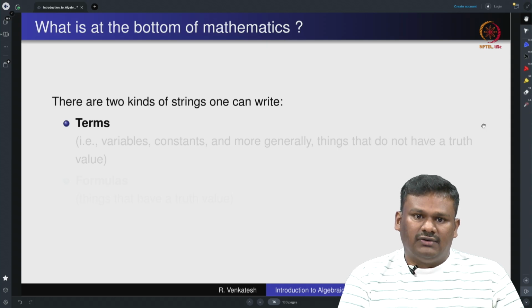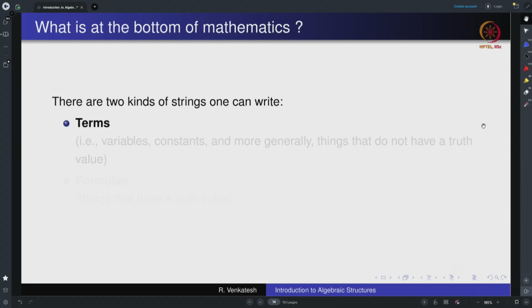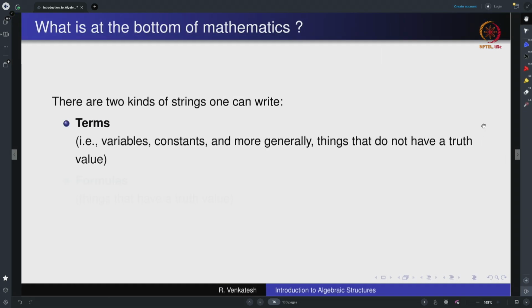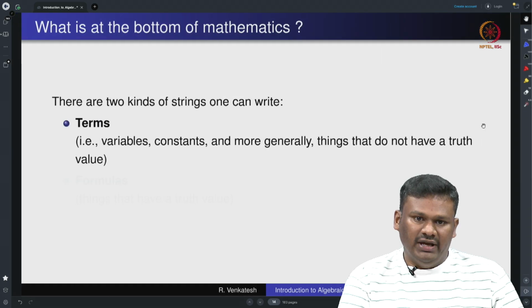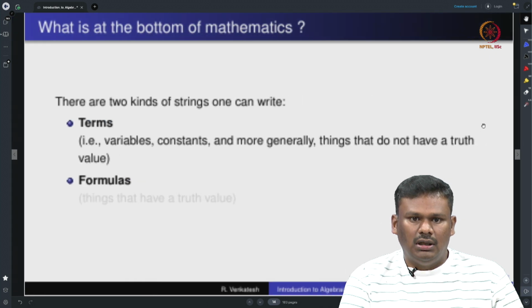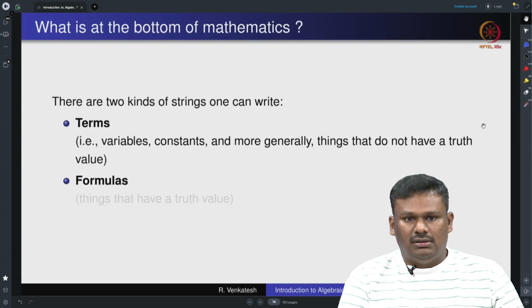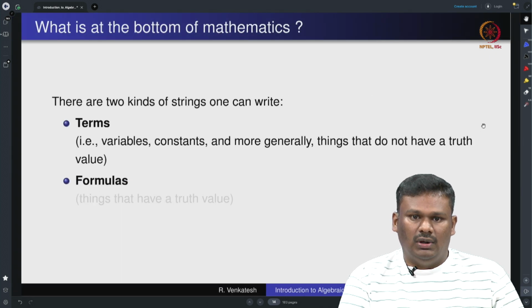So, there are two kinds of strings one can write. The first one is terms. Terms mean variables, constants and, more generally, things that do not have a truth value. The second kind of strings are formulas, things that have a truth value.